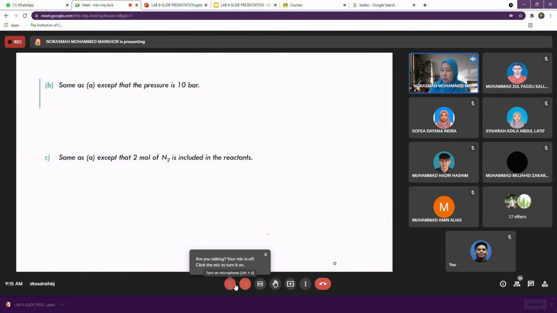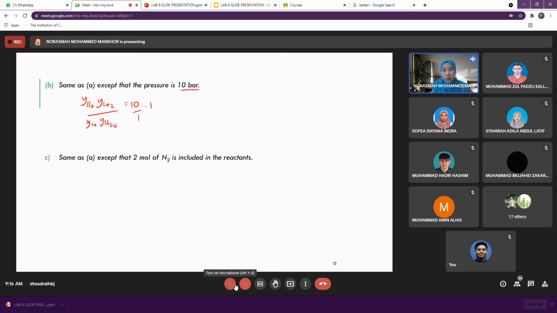Okay, for question B, now the P is 10 bar. The conditions are the same as A earlier. So the equation, using equation A from earlier, y_H2, y_CO2, y_CO, y_H2O, equal to, now P is 10, divided by 1, the K from earlier is 1.